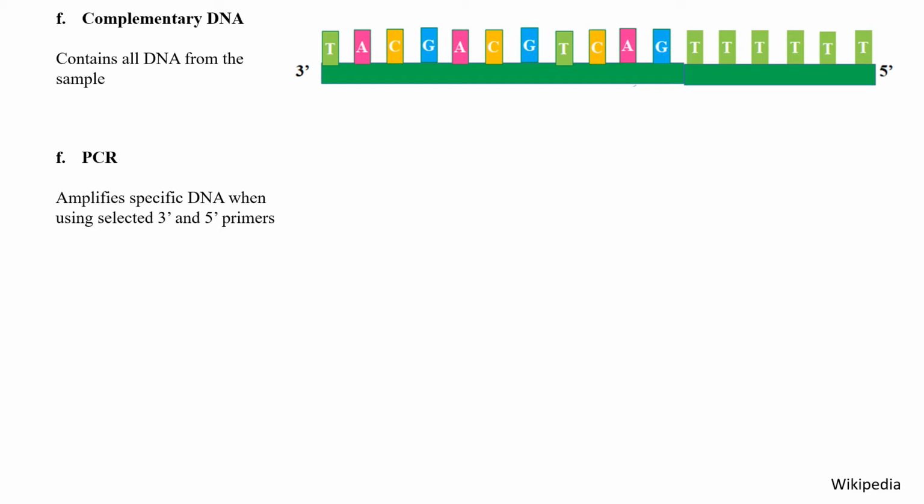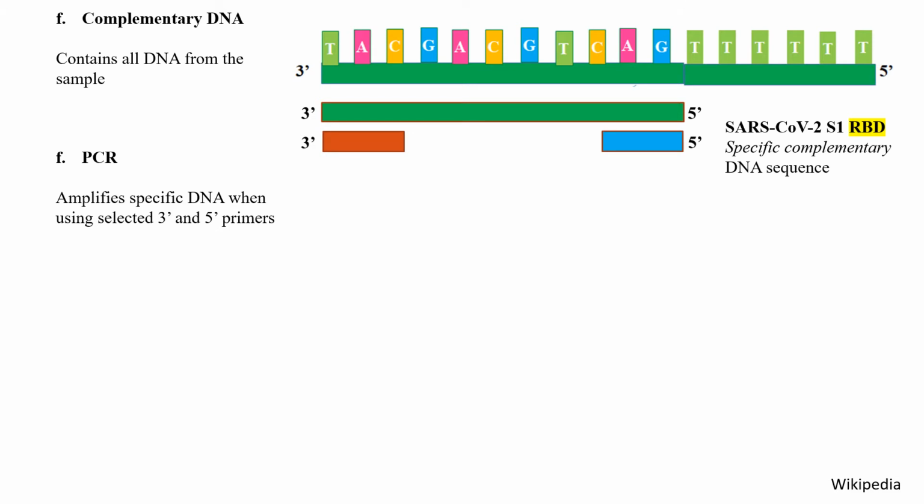So what does it mean? As I mentioned to you, now you have in your test tube, in your mix, the complementary DNA to all of the messenger RNA. Now, because we know which one is the receptor binding site in the spike protein, we know the sequence of that particular piece that's very specific to SARS-CoV-2. So because we know that sequence, we actually start with the primers on both ends.